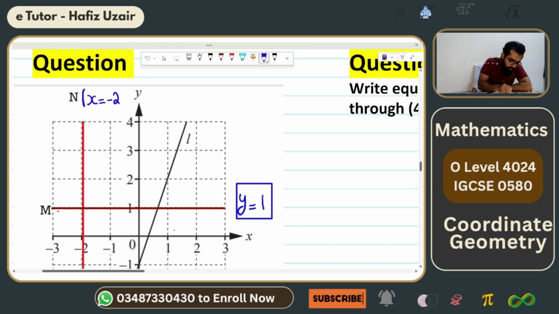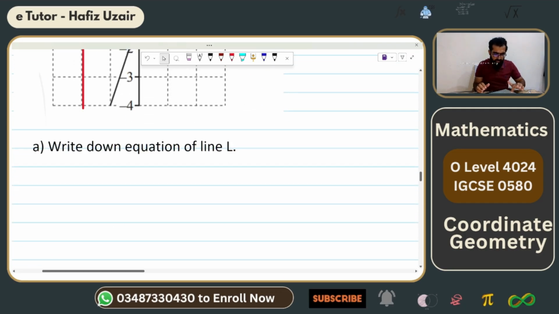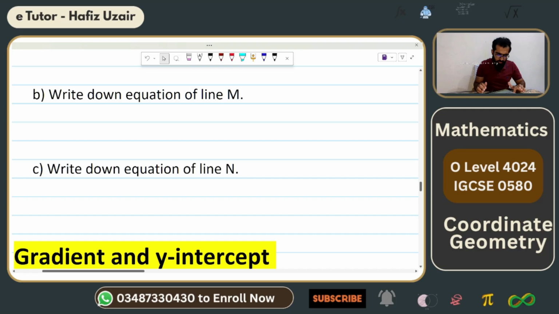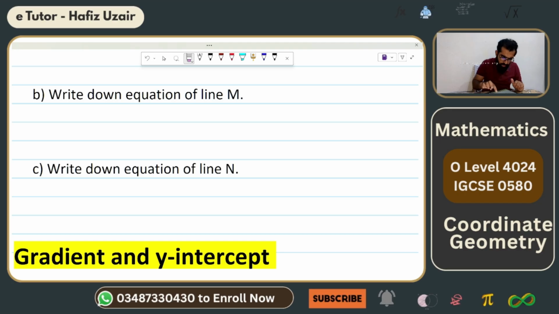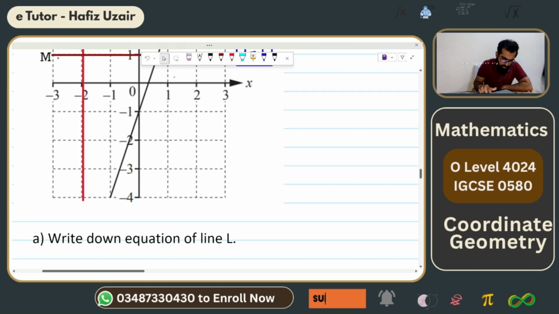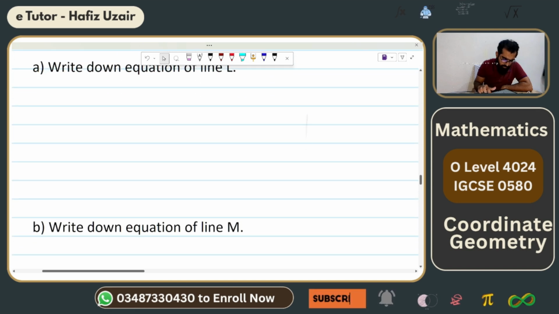So the equation of line n is x equals minus 2, and the equation of line m is y equals 1.